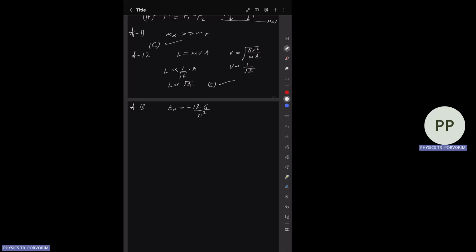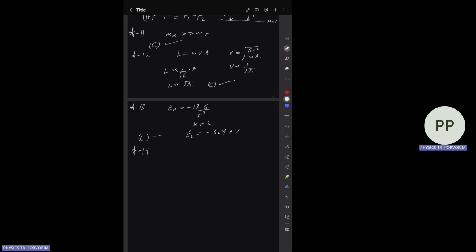Just put n equal to 2, and we get E2 equal to minus 3.4 electron volt, and this much energy we have to provide to the electron to get ionized. So the correct option is C.